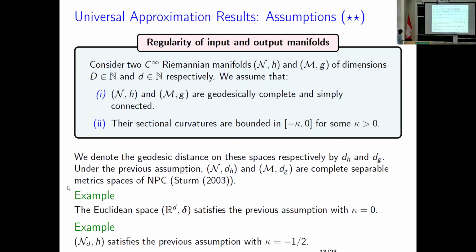For instance, you can think of this example. The Euclidean space satisfies this assumption with kappa equal to 0, and the space of non-singular d by d Gaussian measures satisfies the previous assumption with kappa equal to minus 1 over alpha. So this is the assumption that we have on the input and output manifolds for our approximation result.